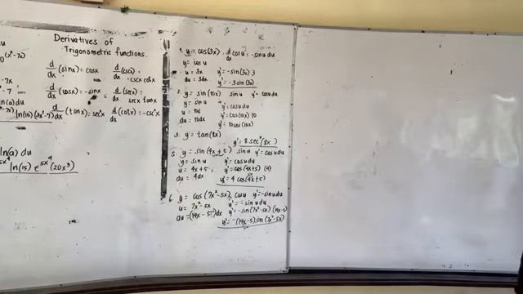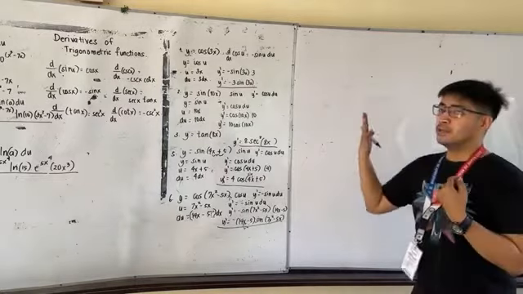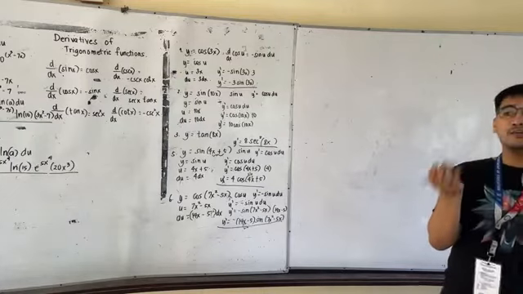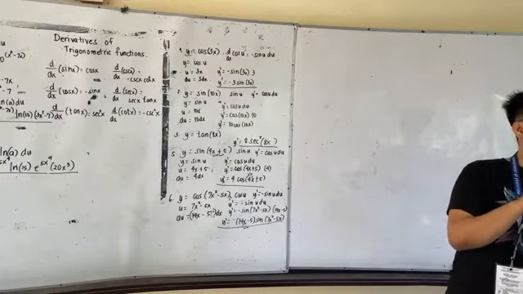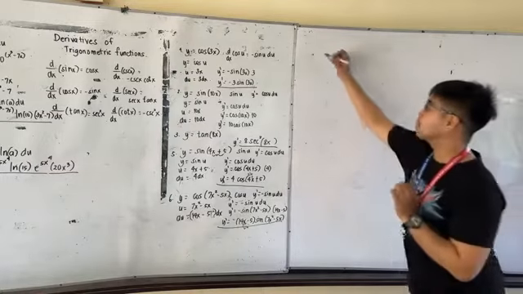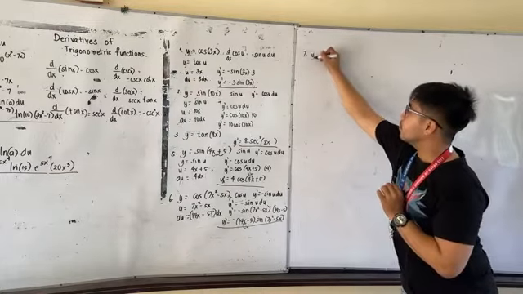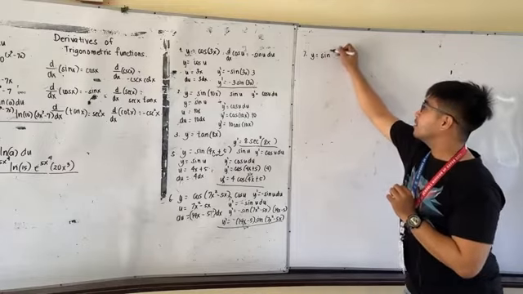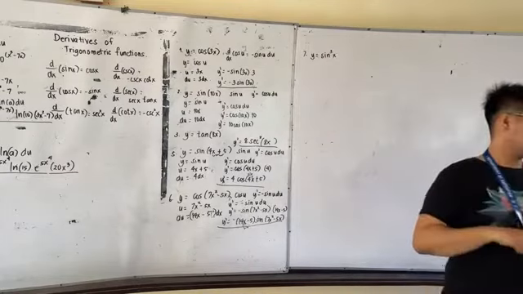So, next example. So, what if we're now given trigonometric functions containing exponents? Okay, for example, number 7, what will be the derivative of y is equal to sine cube x?